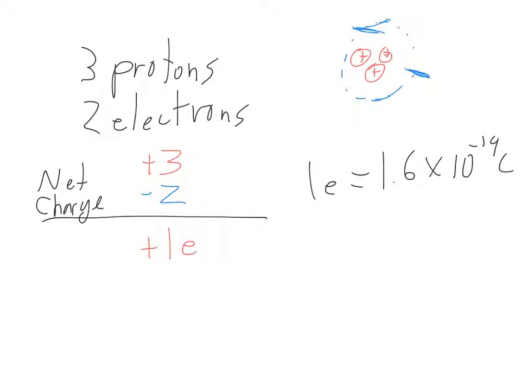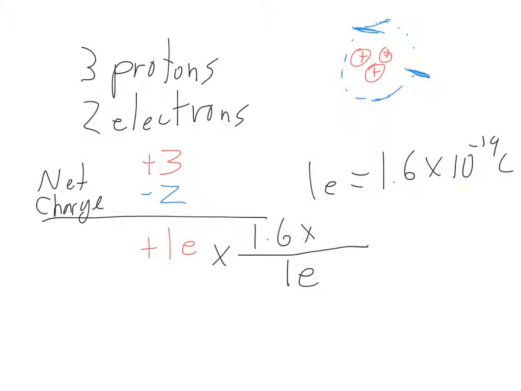In other words, it takes a lot of protons or a lot of electrons that are imbalanced to create just a single coulomb of charge. I can now use this conversion factor to figure out what is the net charge on my lithium ion. So I would set it up like any other conversion problem. I'm trying to get rid of elementary charges, so that means that part of my conversion factor will go in the denominator.